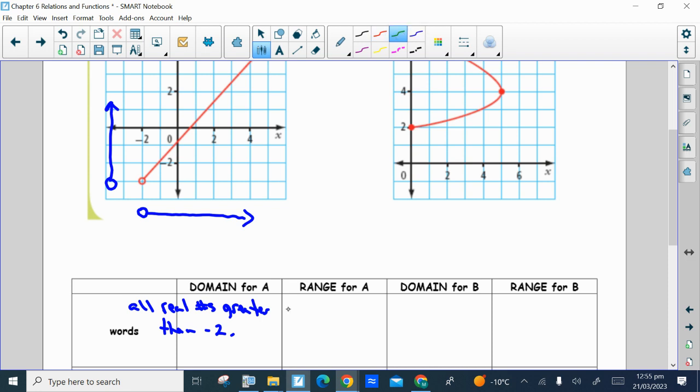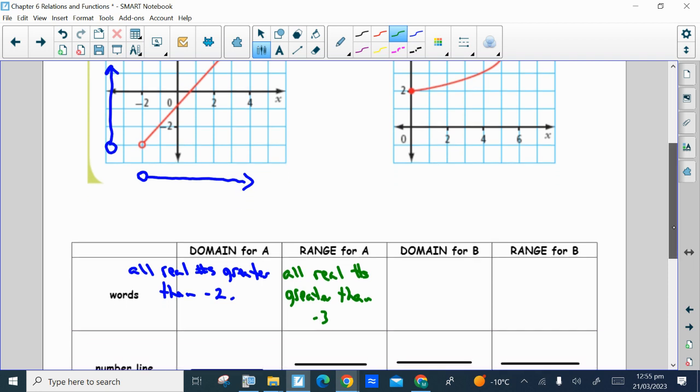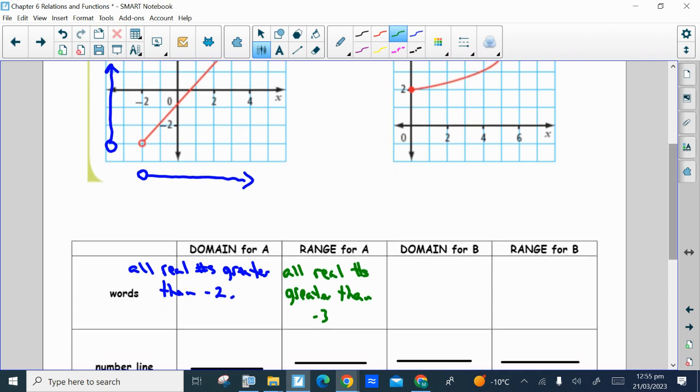The range will be all real numbers greater than -3, because that's the starting point of that graph along the y-axis. But it's only greater than -3 because that open dot means that the -3 is not included, just like the open dot means that the -2 starting point for the x values is not included.